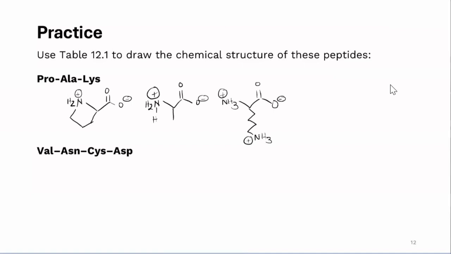Now that I have written my amino acids, let me just do one more change. This NH3, let me write it as NH, and that's connected to H2. Let me just erase that bond. Okay. Now, how do I draw the peptide?